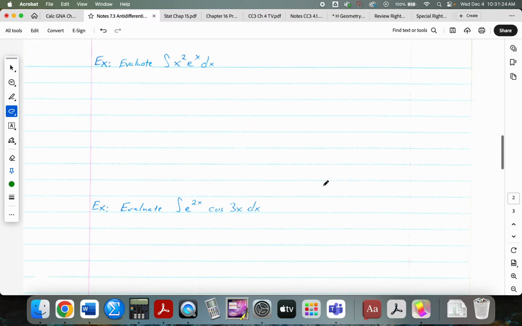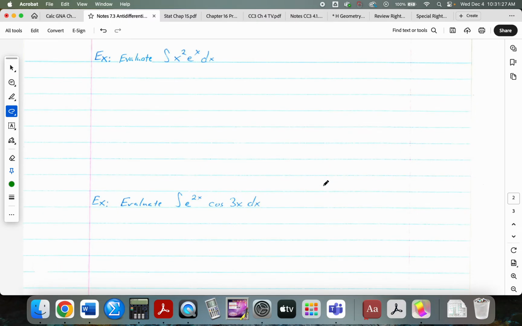All right, let's try another one. So here we've got x squared e to the x. So logarithm, no. Inverse, no. Polynomial, yes. So we'll let u be equal to x squared. And dv be everything else that's after the integral sign, e to the x dx. du then is 2x dx.